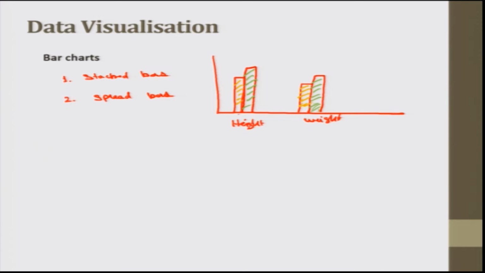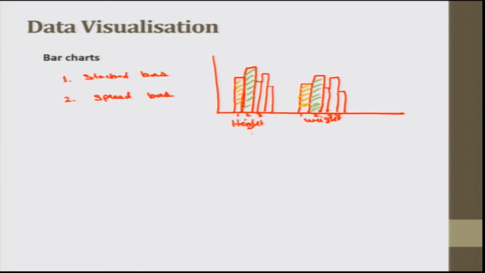We can have sample number 1, 2, 3, okay, but we call it item number 1, 2, 3, 4. These are known as spread bars. I can have number of items from 1, 2, 3, number of observations from 1, 2, 3. This is spread here, okay. This is spread here like this. This is spread here like this. Weight is also proportional. Okay.